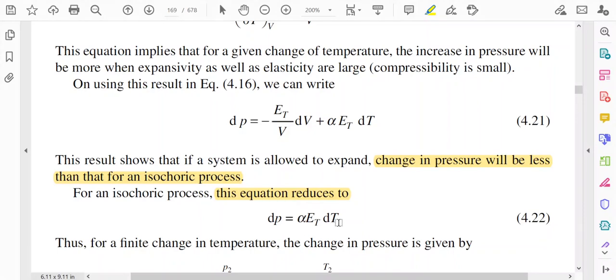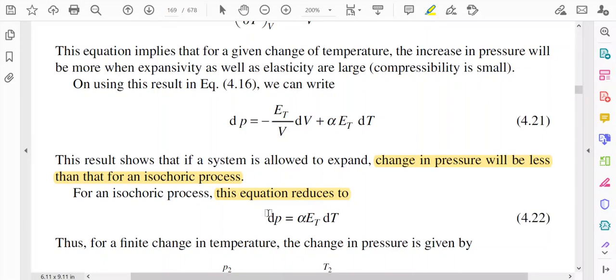Now for the process which is not isochoric, what will happen? There will be the first term with a negative sign. That negative term will ultimately decrease the value of the second term.